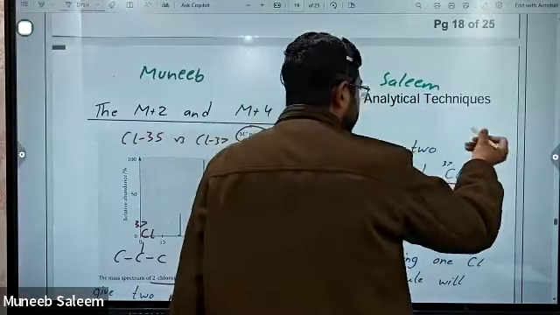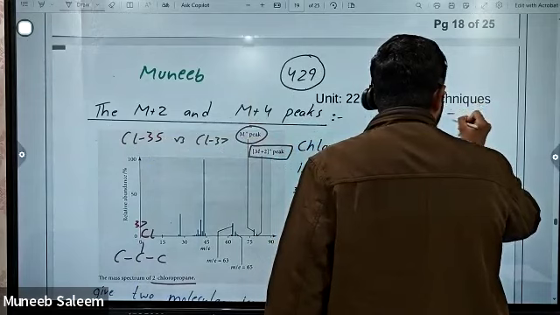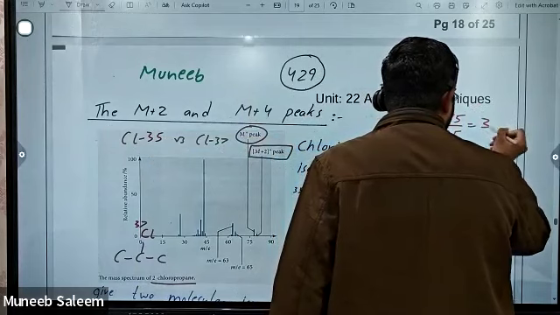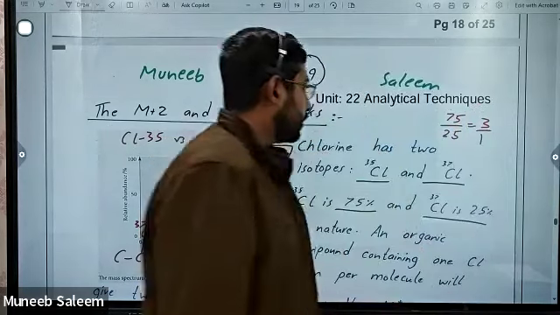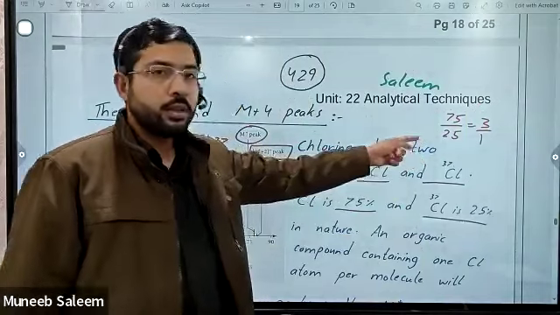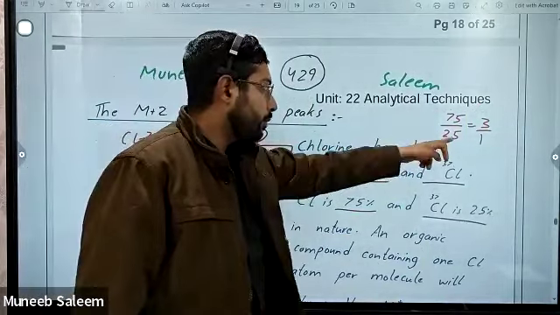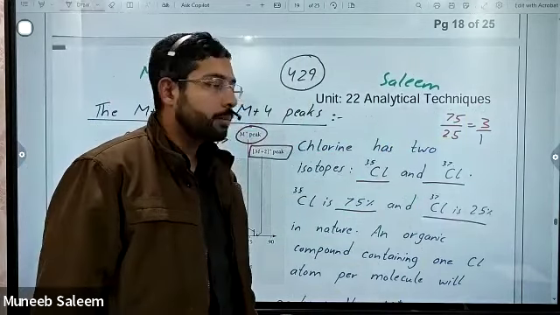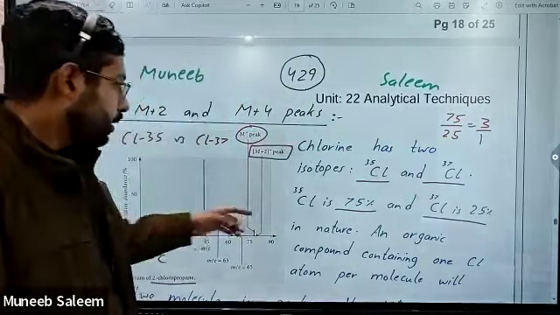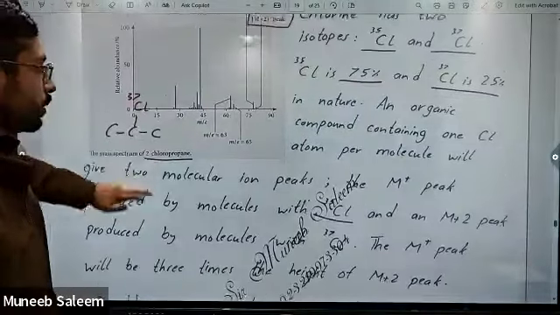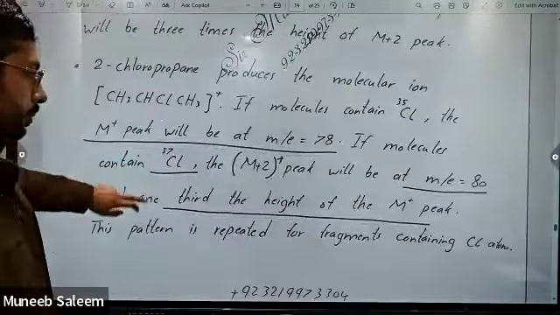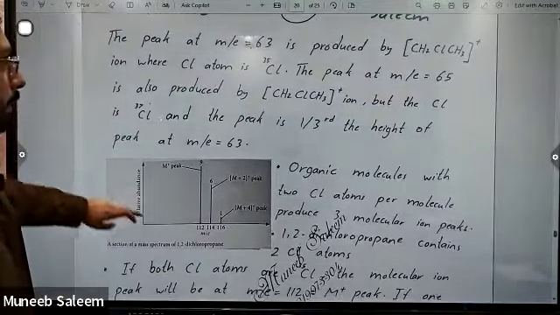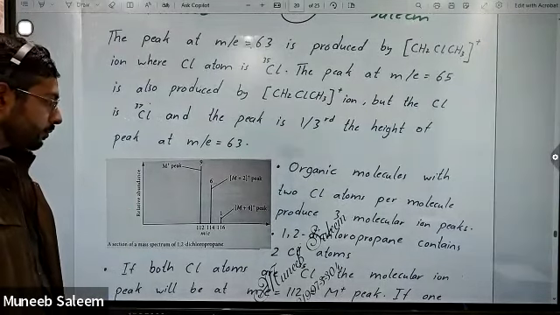If you simply take their division, 75 divided by 25 will give you 3. So 3:1, which means the abundance of the 25% will be a ratio of 1, and the abundance of the 75% will be a ratio of 3. That's why they are saying that 3:1 heights are seen in their mass spectrum. You can simply also check in this mass spectrum as well.